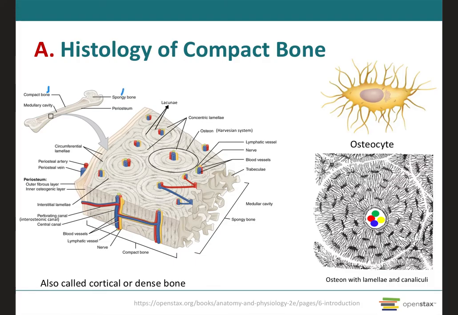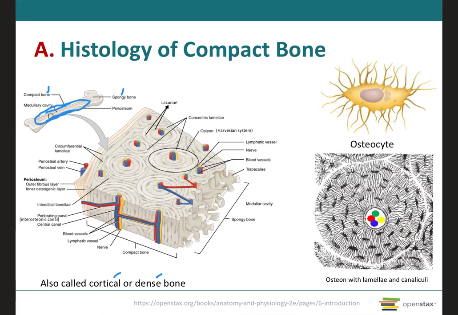Compact bone can also be called cortical or dense bone, and this is the bone that will line the surface of all bone types. In long bones, it will be mainly present in the diaphysis, which is the center part of the bone, as we can see right over here. When you look at a bone, you're looking at the compact bone specifically, and it looks pretty dense and solid.